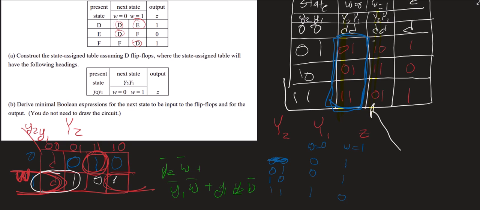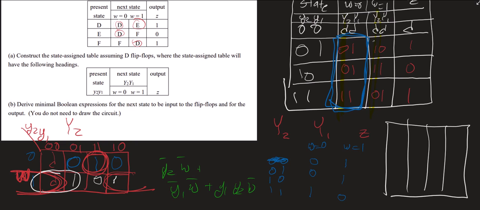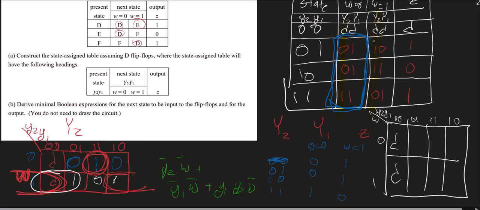Okay, now we'll do Y1. And again, if Y1, Y2 is 0, 0, I have don't cares. So I'm looking at W equals 0, which is the first row of my Karnaugh map, and Y1 is the second row here, and those are all ones.